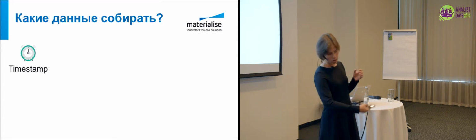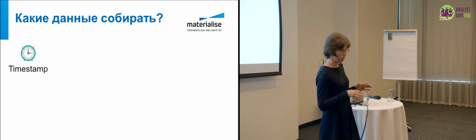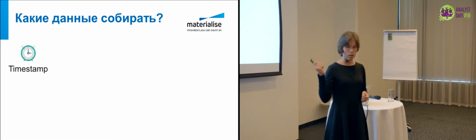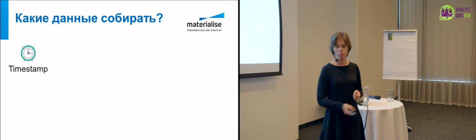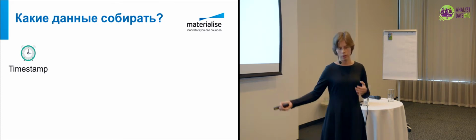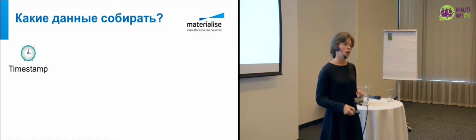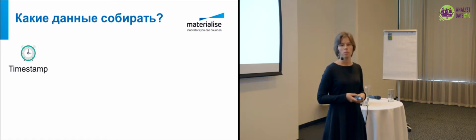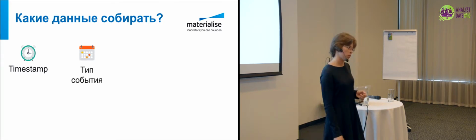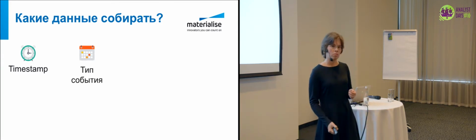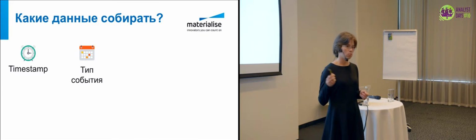And after we deployed this solution, we had to decide which data about our events we have to collect. First, the time of the event, so that after the event is over, we can filter the data to understand the timeline, the sequence of the events.